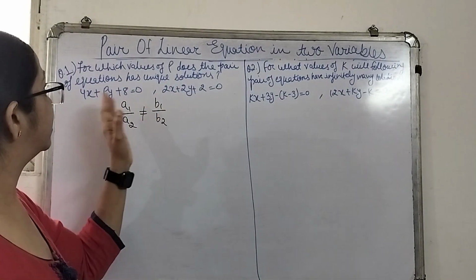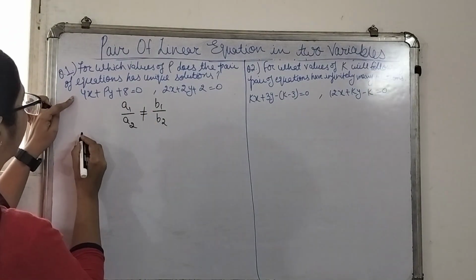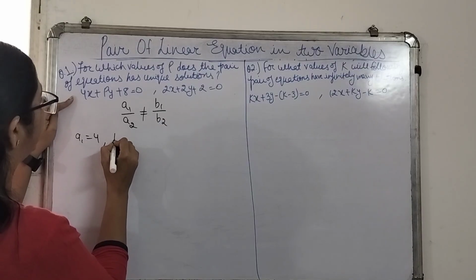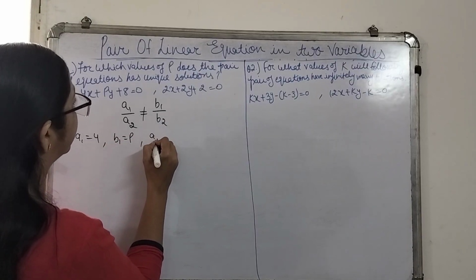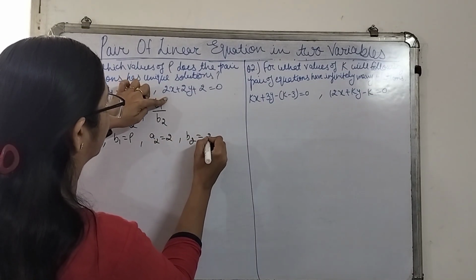If we compare these equations with the standard form, we can see that the value of a1 is 4, the value of b1 is p, the value of a2 is 2, and the value of b2 is 2.